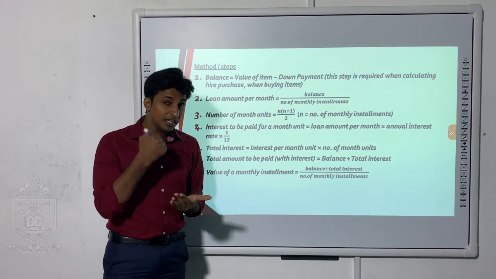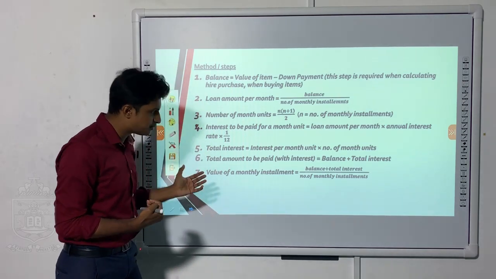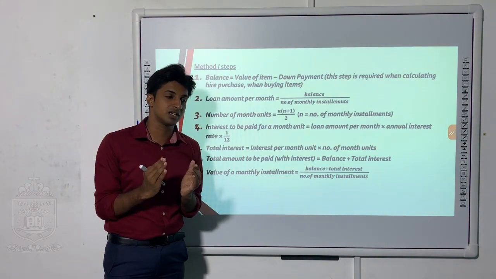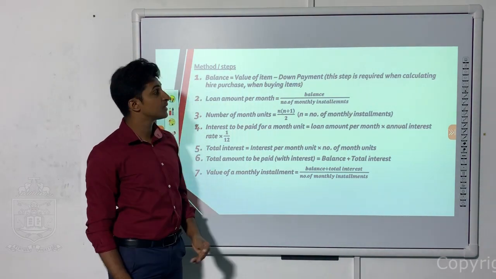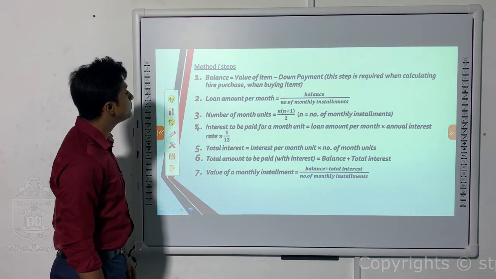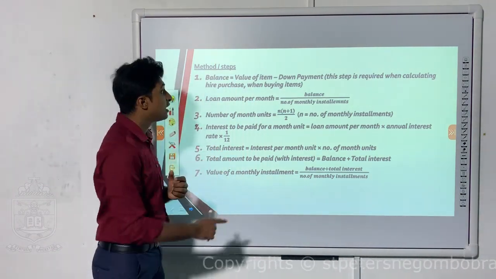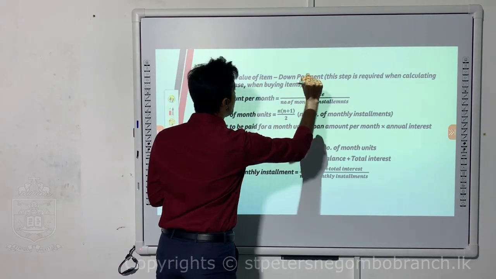So that is the general concept of hire purchase. For the questions that we get, we can use these easy steps to find the answer to whatever the question they are going to ask us relevant to hire purchase. So first of all, you have to find the balance amount you have to pay: value of the item minus down payment.